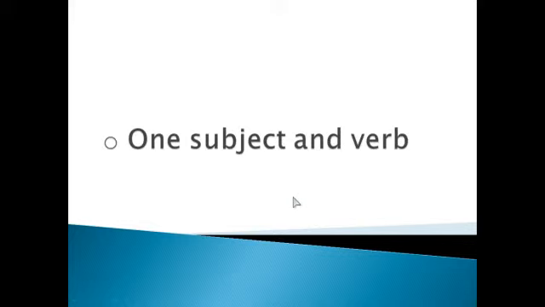Some sentences in English have just one subject and verb, and it is very important for you to find the subject and verb in this sentence. In some sentences, it is easy to find the subject and verb.